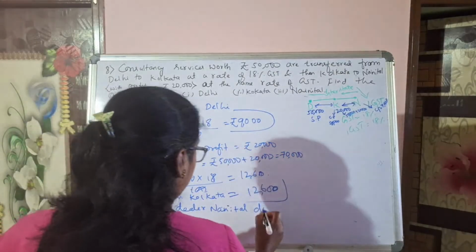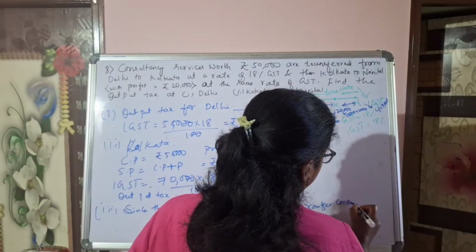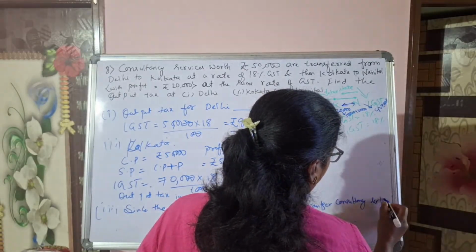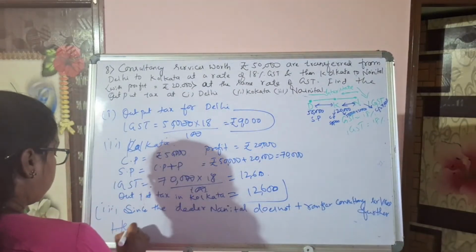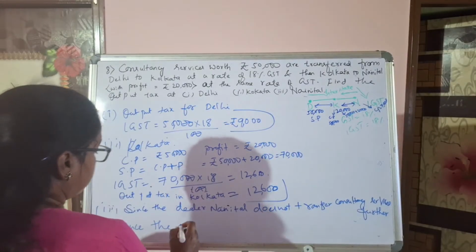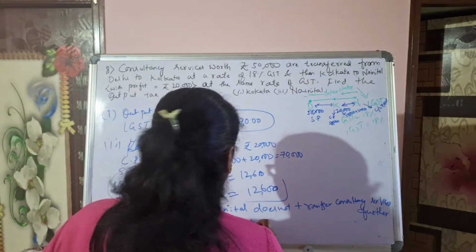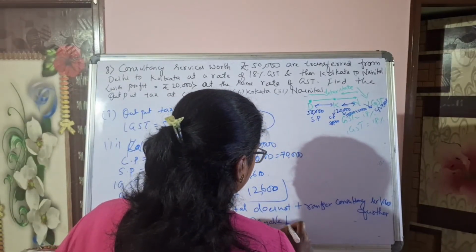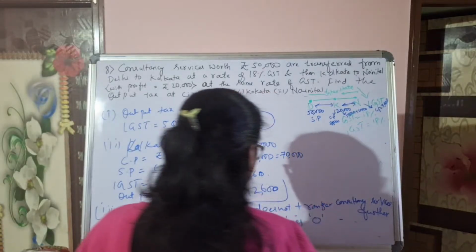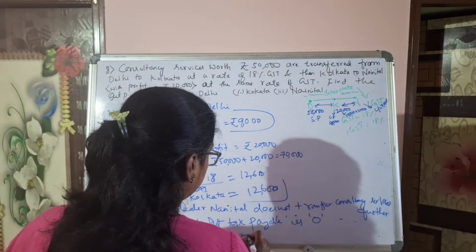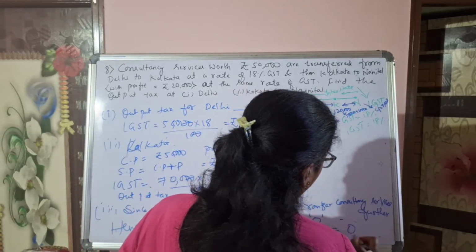Hence, the output tax payable is 0, that is, output tax at Nainital is equal to 0.